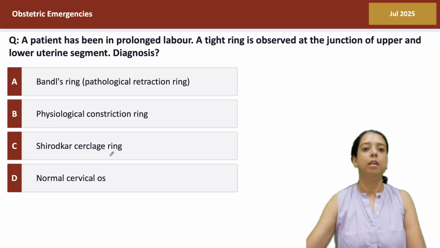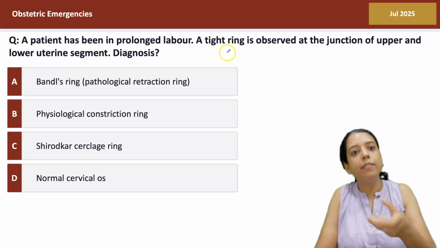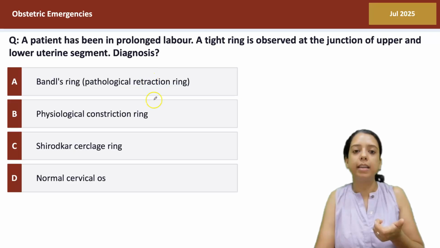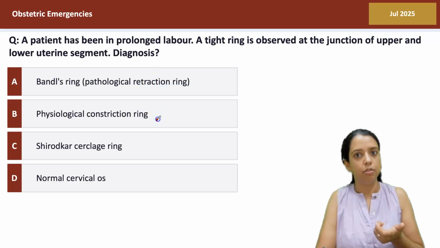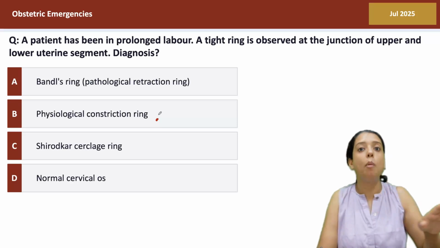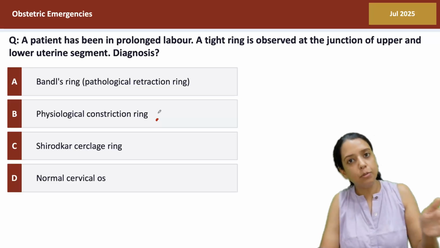Okay. A patient has been in prolonged labor. A tight ring is observed between the upper and lower uterus. Can it be physiological? A ring that is visible per abdomen, happening in prolonged labor, and keeps on ascending.